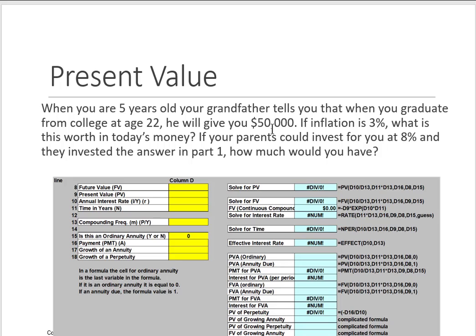In this case, this $50,000 is a future value. The first part of the problem, the return, is inflation, which is 3%. In the second question, it is 8%. And again, since it doesn't tell us anything specifically about compounding periods, you have to assume that it's always annual.